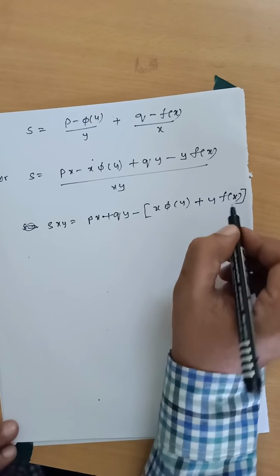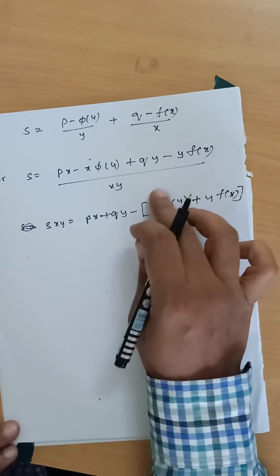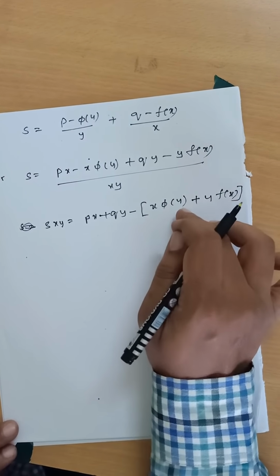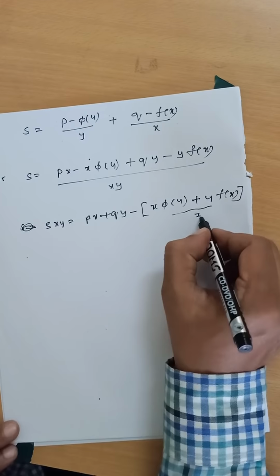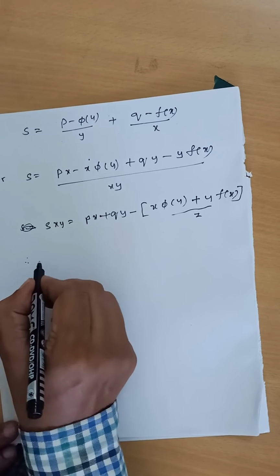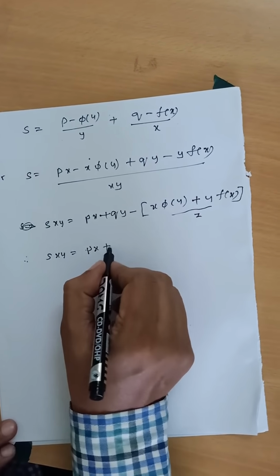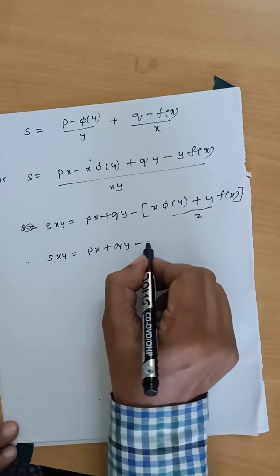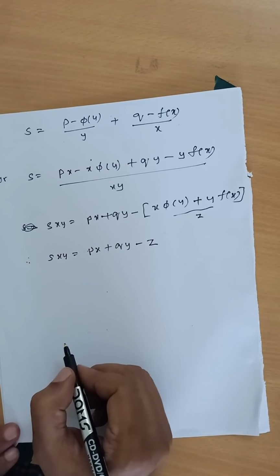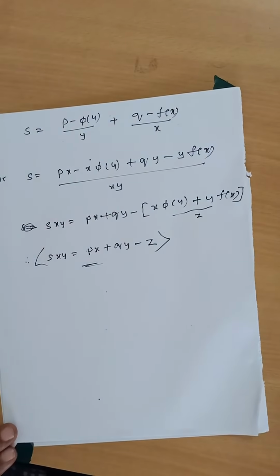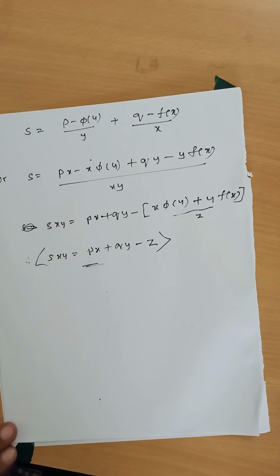Why am I writing like this? Because in your question, x φ of y plus y f of x is equal to z. Therefore S xy is equal to px plus qy minus z, which is the required PDE by eliminating the arbitrary functions.